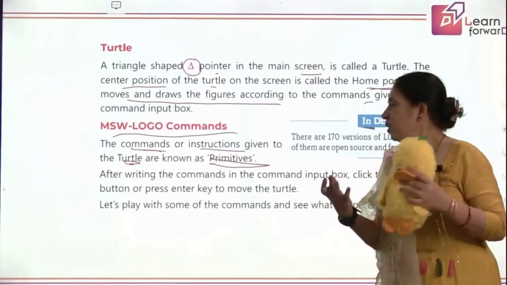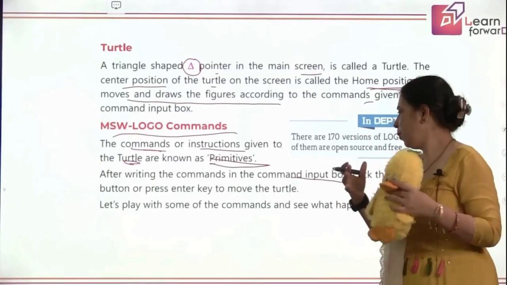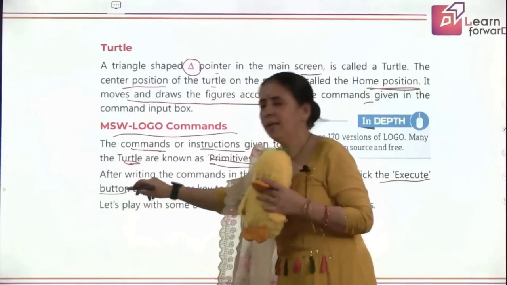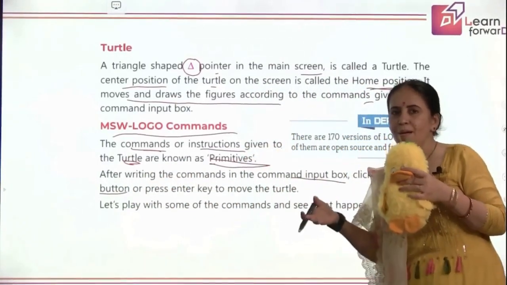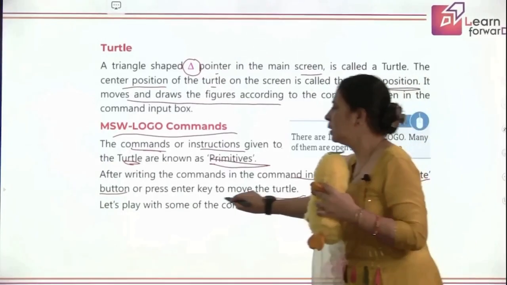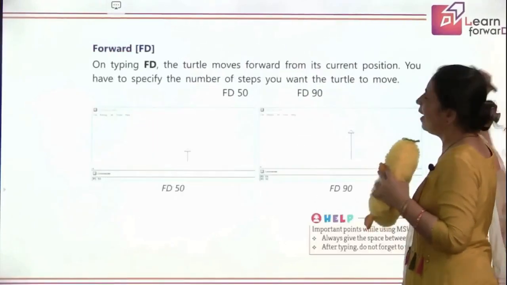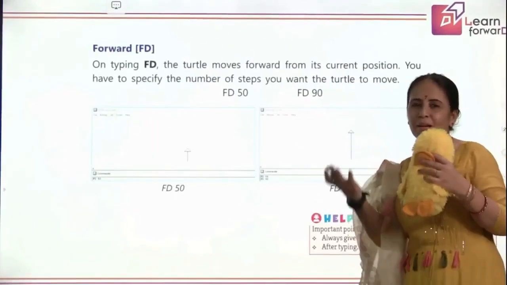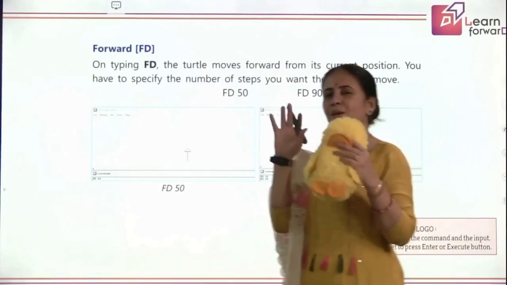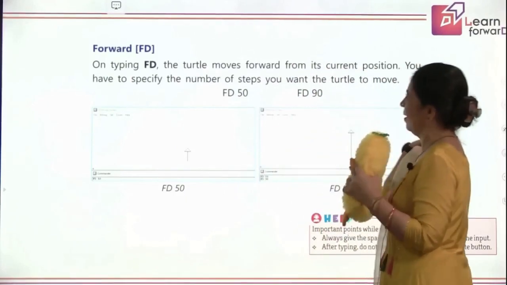And after writing the command in the command input box, you have to just click on the execute button. Either you click on execute button or you click on enter button and your turtle starts moving. Okay, so come on, let's play with this screen, give the commands, give the primitives, and enjoy the journey of MSW logo. So let's start it.